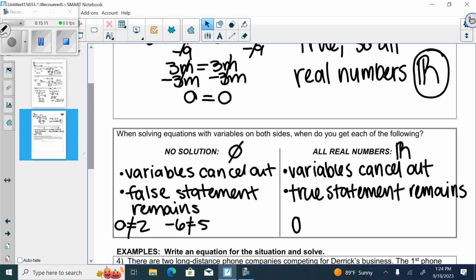So for example, like 0 equals 0, that's true. Or -3 equals -3, that's true.